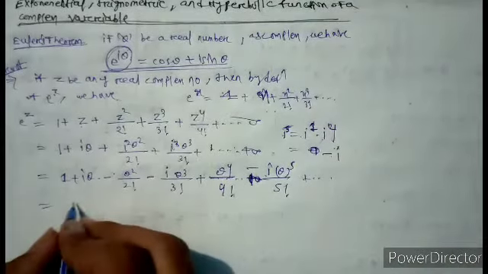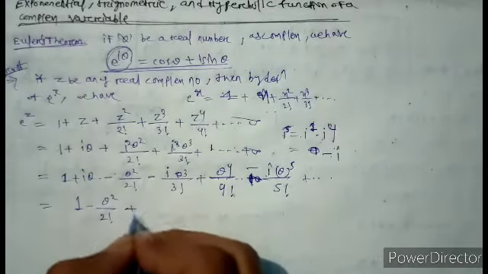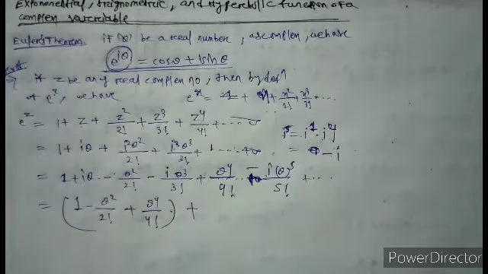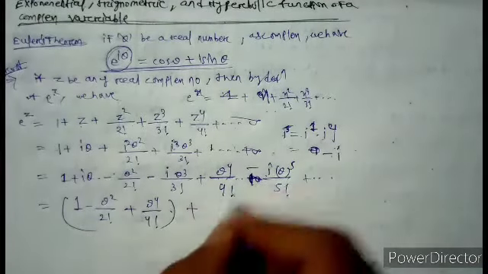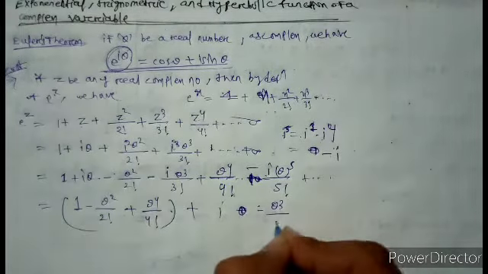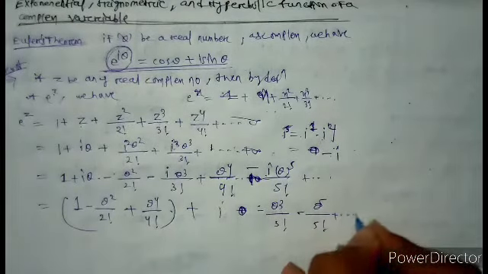So we can write 1 minus theta square upon 2 factorial plus theta fourth upon 4 factorial, then i times theta minus theta cube upon 3 factorial plus theta to the power 5 upon 5 factorial, plus up to.